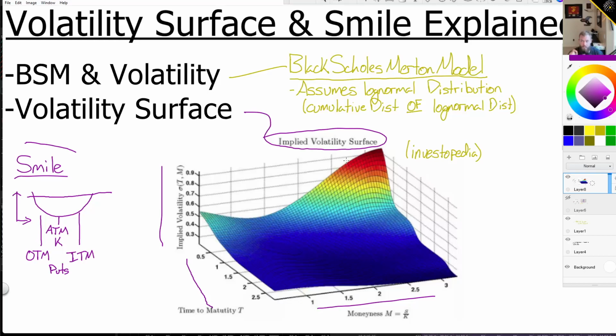So all of this is to say that the market, at least as of this point, is pricing in different volatilities than the Black-Scholes model would assume. And it is because the market does not move the way that the Black-Scholes model assumes that it does. We have fat tails. We have more outlier cases than we would expect to see. And that is exactly why the volatility surface is not flat and why we have a volatility smile.